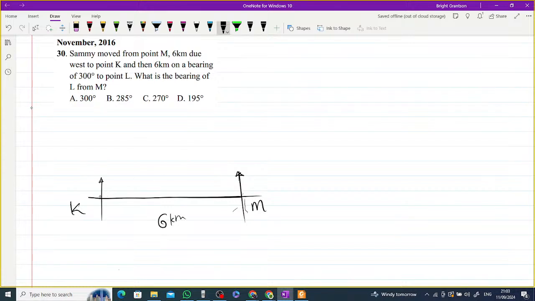So it is 270 plus 30. Are we okay? So here is 60. If we get a line here, and we say that point is L, if here is 30, here is also going to be 30. And here is going to be 60, and here is going to be 60 too. I didn't draw the diagram.